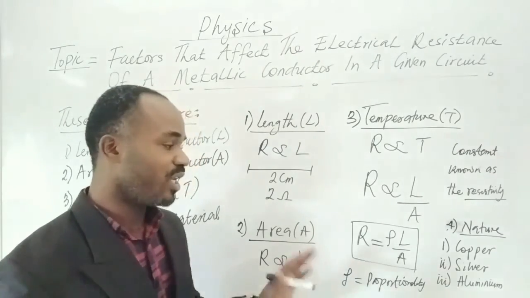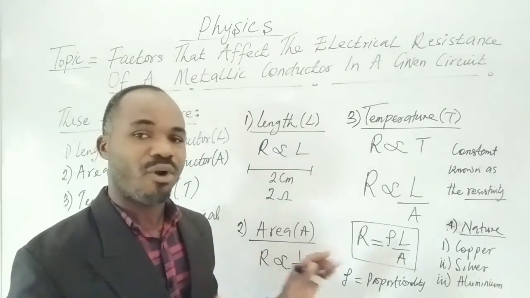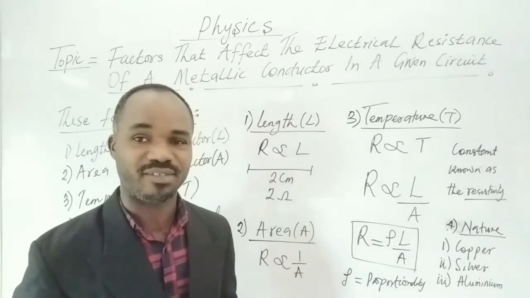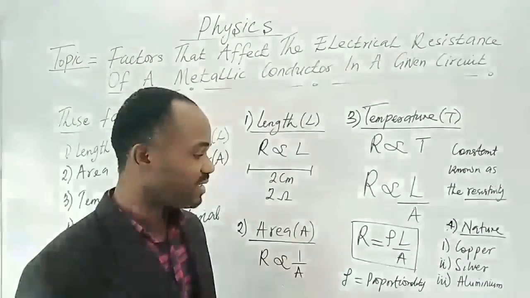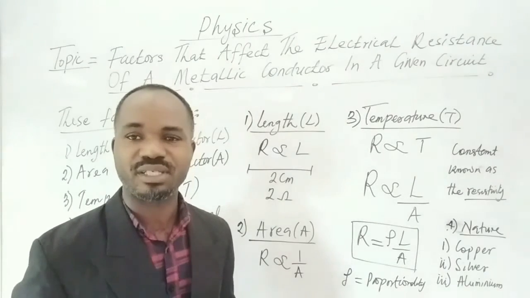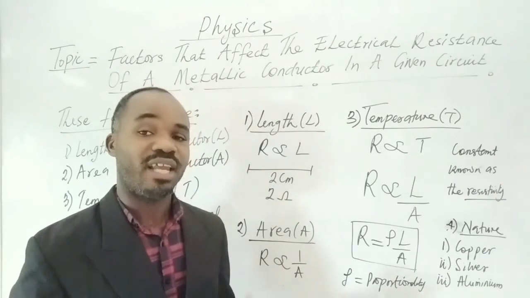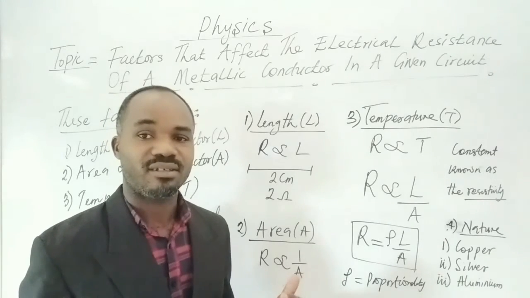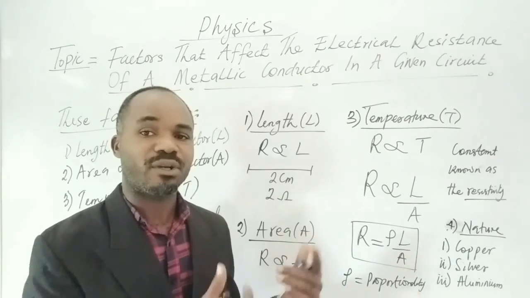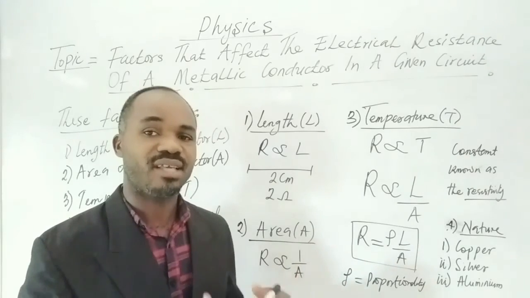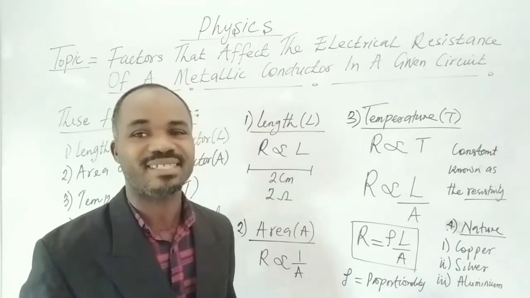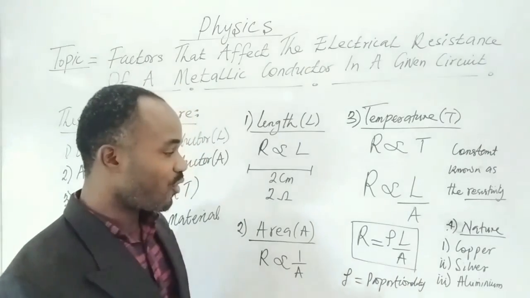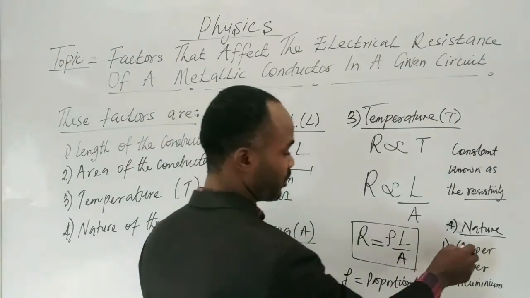But we use copper mostly because copper is less expensive than silver and aluminium. So most times you see certain electrical appliances have their various contacts made of copper, because it is cheap and very easy to find. All right, so that is why copper is mostly used in such arrangements.